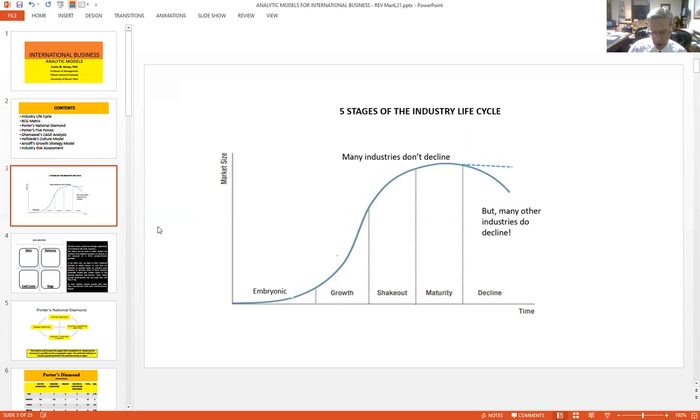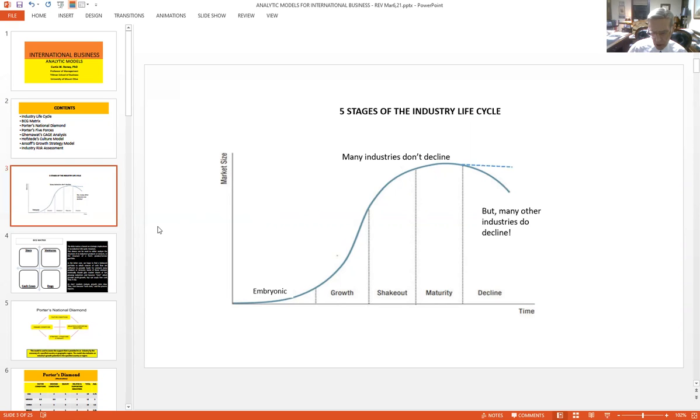Eventually, if some acceptance is found for this new product or this new concept, other firms will attempt to emulate what that company did and enter the fledgling industry. And so then we have a growth industry.